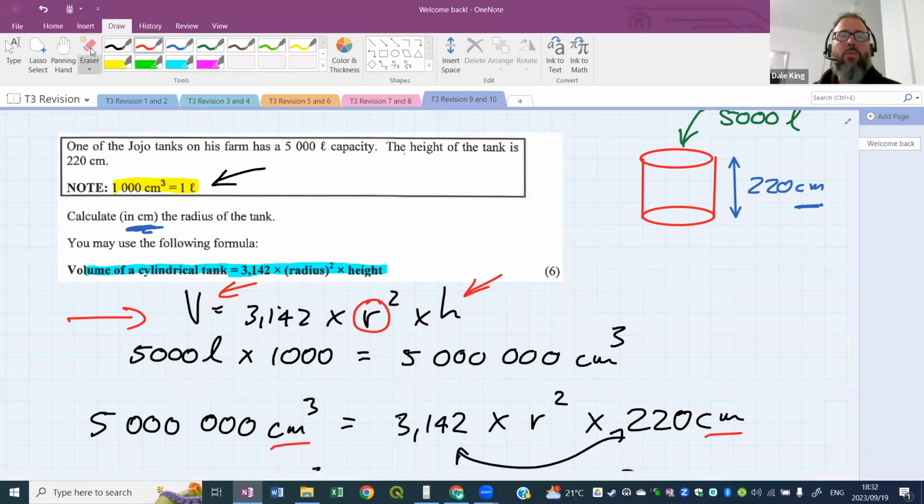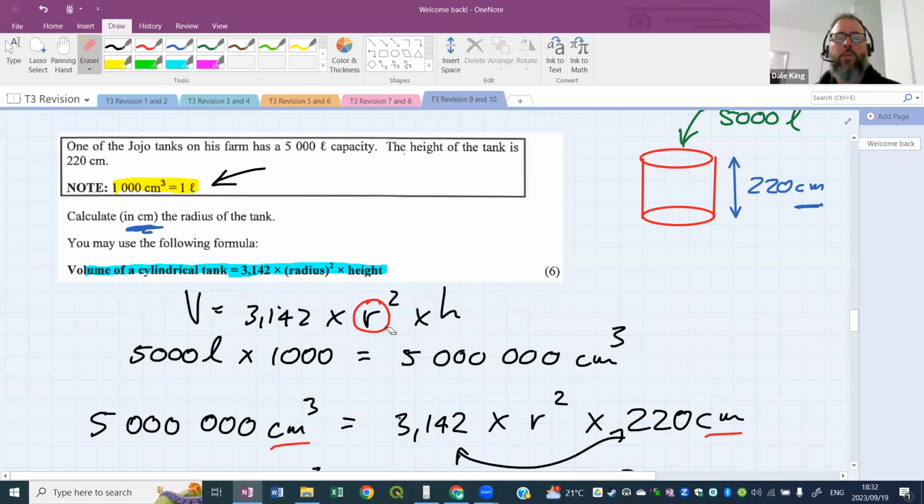They don't give you the volume exactly like you need it for this equation. You had to change the volume from capacity into volumetric units, so from liters to centimeters cubed. You can't put liters in here and expect to get centimeters out. You have to put centimeters in to get centimeters out. So we had to change the volume to centimeters cubed.